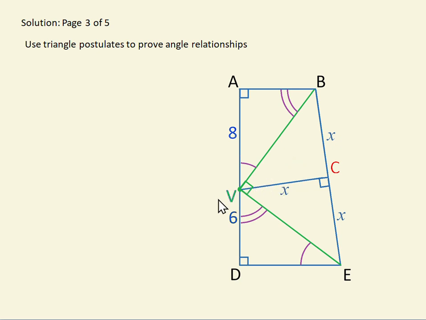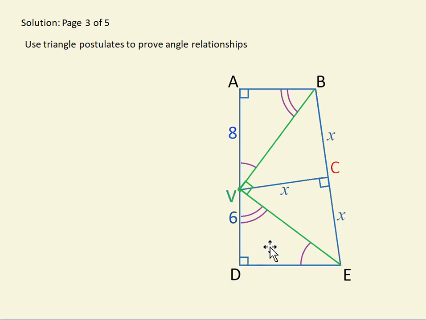So we know that BVE is a right angle, so the angle above and the angle below will be complements. Angle AVB and DVE will be complementary. If we look at the individual triangles, the triangle at the top, AVB, it's a right triangle, and it has the same angle as DEV.